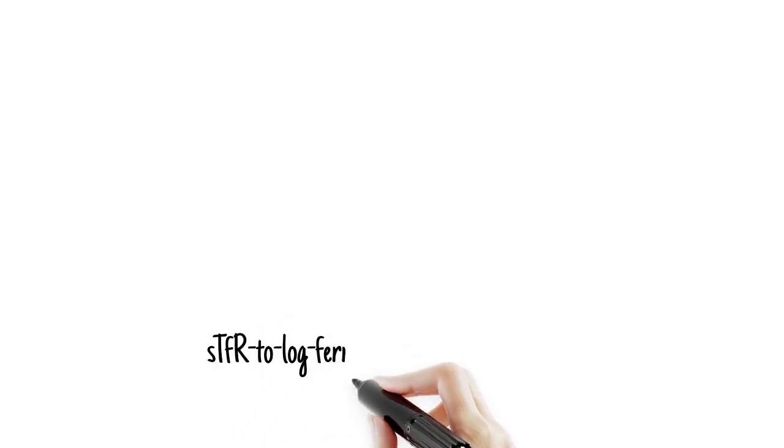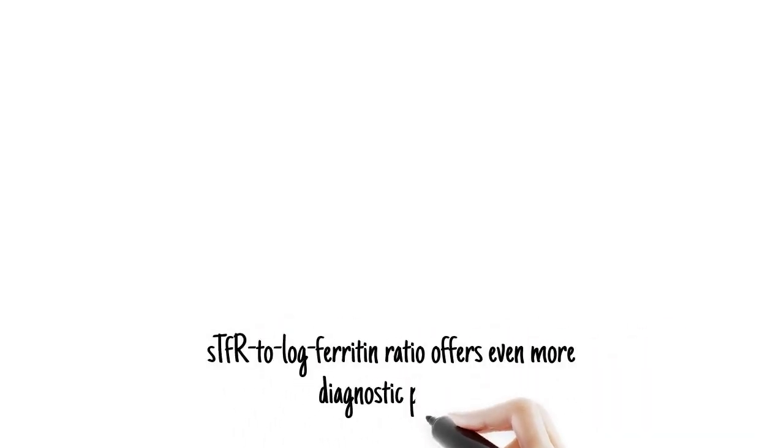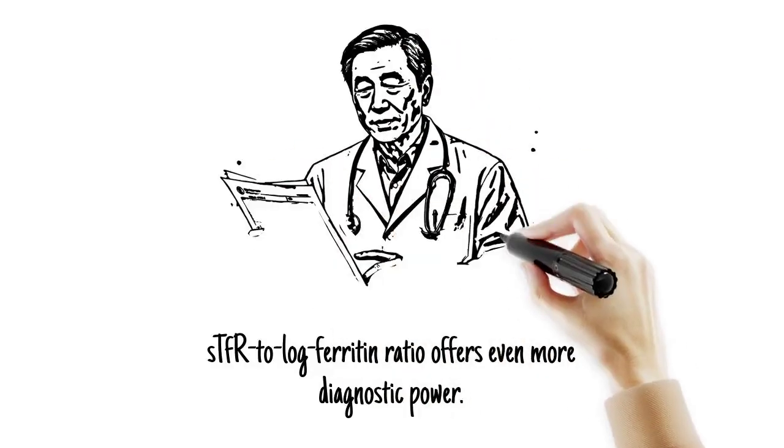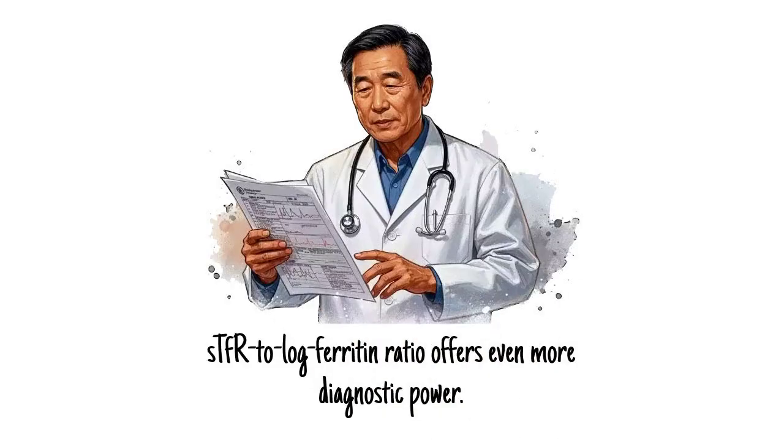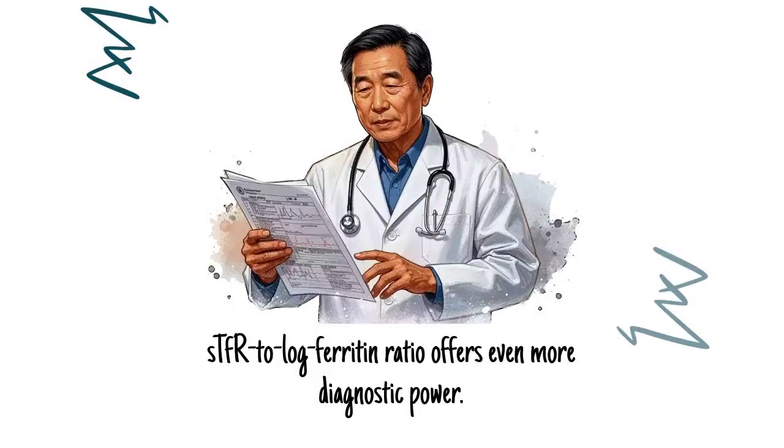When a patient has both iron deficiency and chronic inflammation simultaneously, STFR rises because the erythroid precursors really are starving, and this is precisely the situation where ferritin would mislead you by appearing normal due to the inflammatory boost.